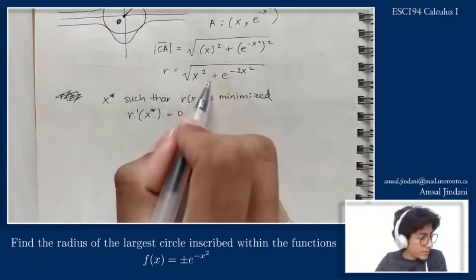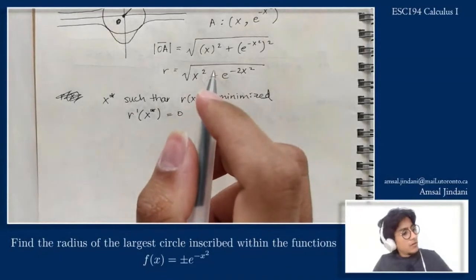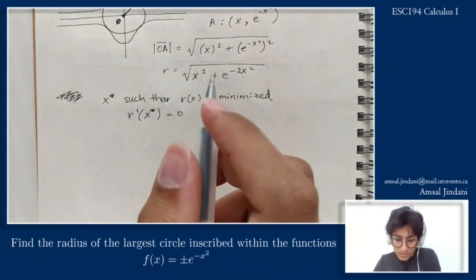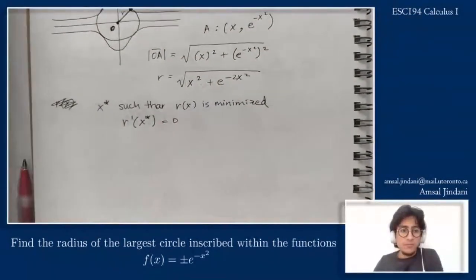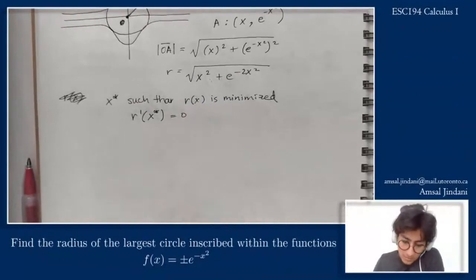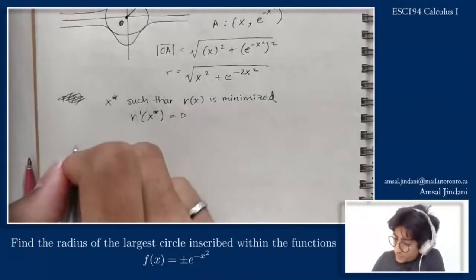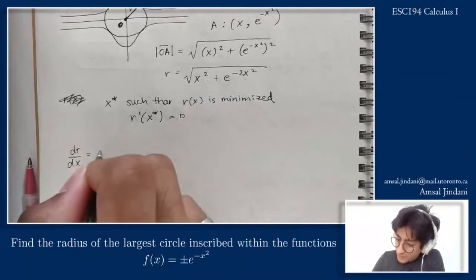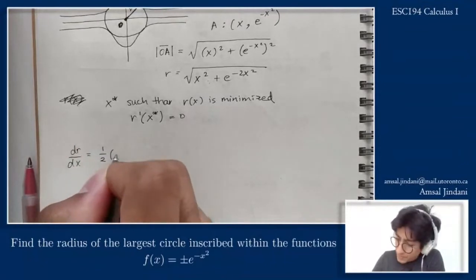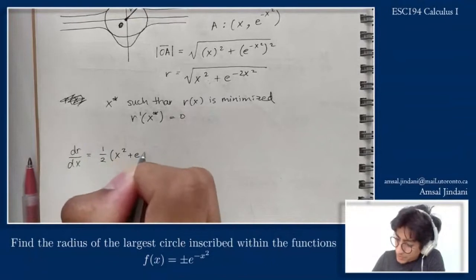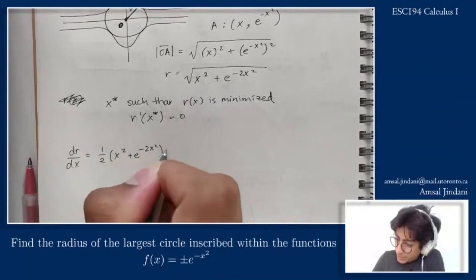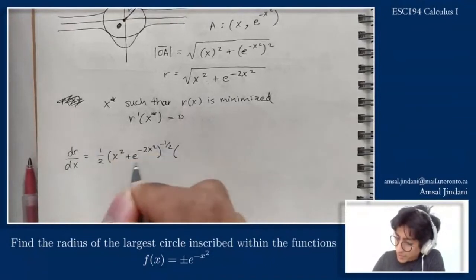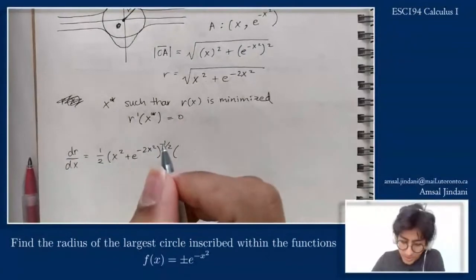So let's try finding the derivative of this function. Okay, I have that here. We have dr by dx equals half times x squared plus e to the minus 2x squared, to the power negative half. Then we multiply by the derivative of the expression on the inside.